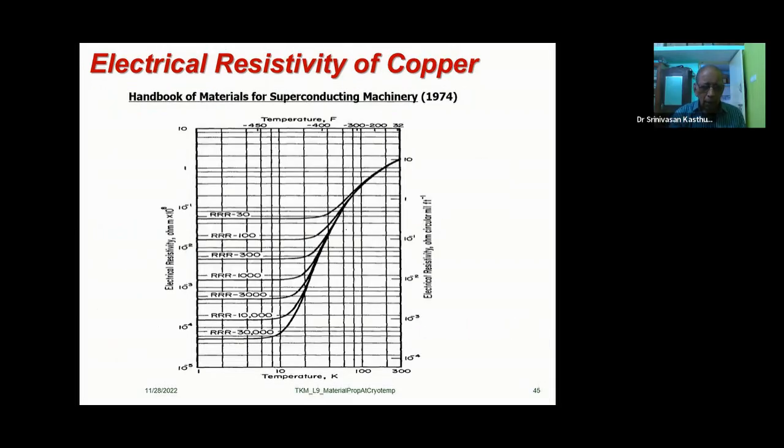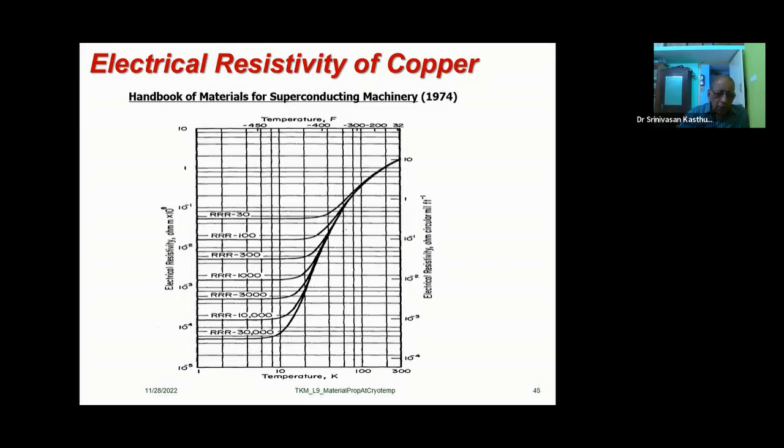So for example, here, copper, the resistance values 30, then 100, 300, then 1000, then 3000, 10,000, 30,000, etc. As you can see, as the electrical resistivity ratio keeps on increasing, the material becomes purer and purer, right?